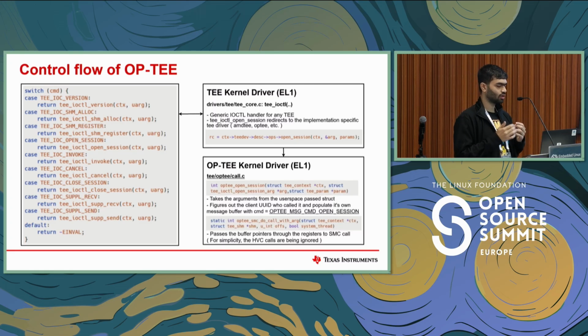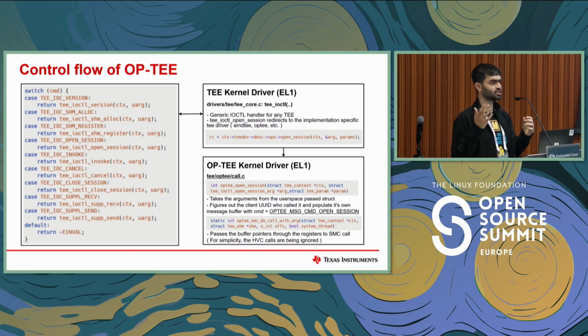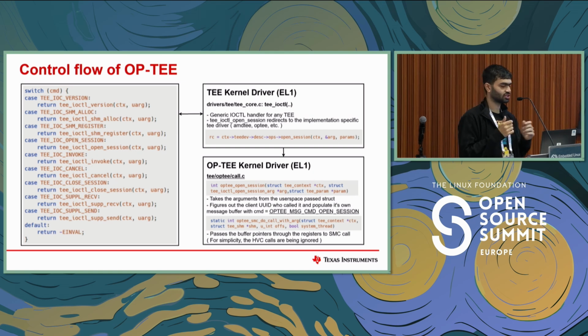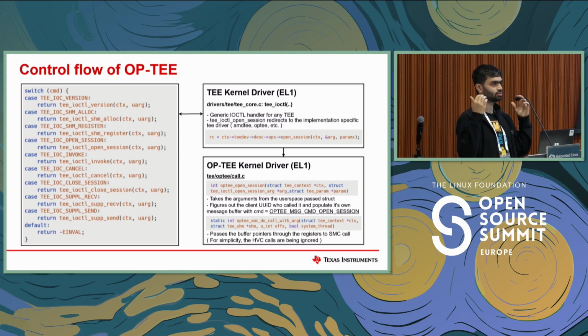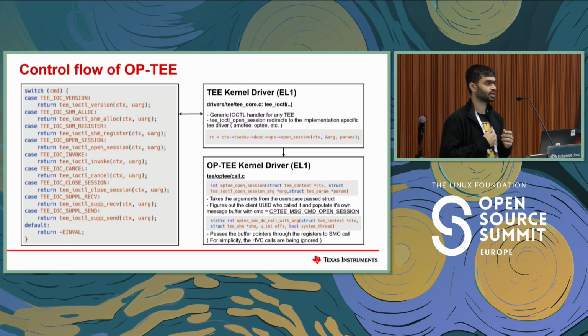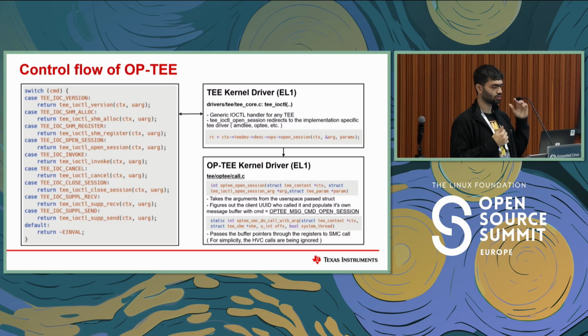From there, the OPTEE TEE driver takes the user space passed arguments, structures, etc. It figures out the client UUID who called it for bookkeeping, and it creates its own message, like OPTEE message command open session, which is the call that user space is asking for. Then it passes all these buffers that user space had formed, and it goes to the next level call, that's the SMC call.